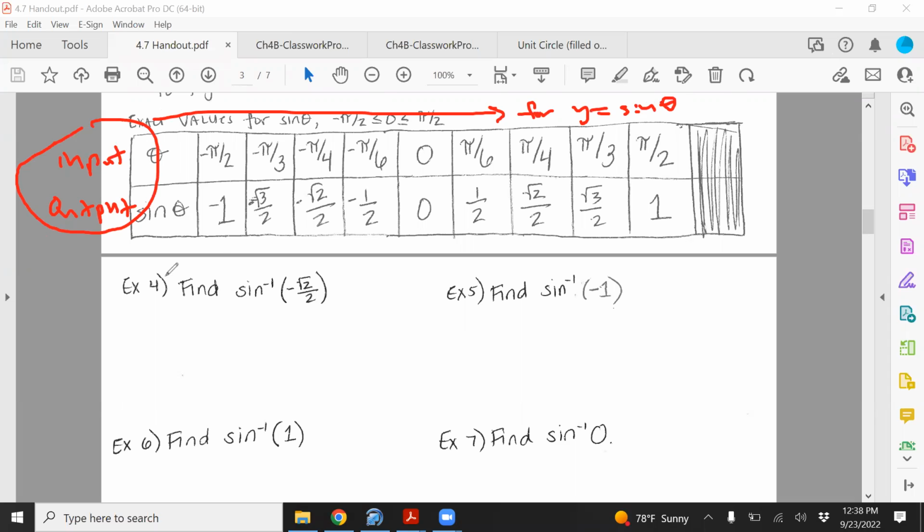What you want to do for these examples is swap output and input. Okay, we want to swap it.